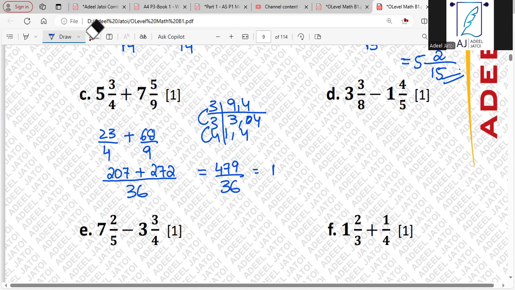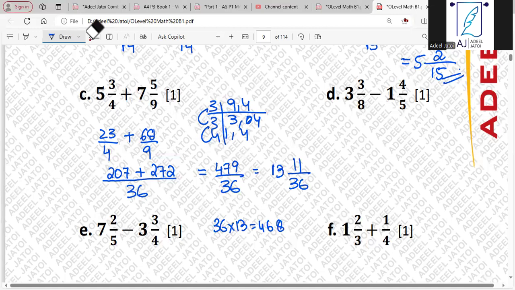So 13 whole number. 36 into 13 is 468. What is the difference between 479 minus 468? 11. So 13 whole number 11 upon 36 can be the answer for part C, or 479 upon 36 can also be the answer.